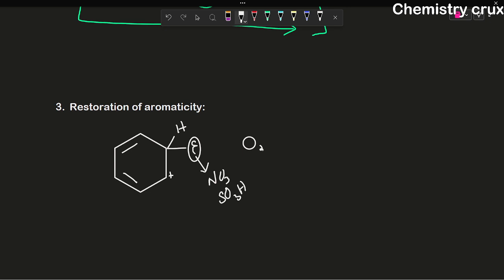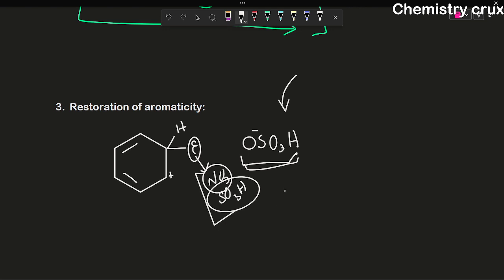Then this will act as that base which I was talking about, which is O negative SO3H. If nitration is taking place, then this will be the base. If sulfonation is taking place, then this will be the base. If any other electrophilic substitution reaction is taking place, then the base will be accordingly. I am saying that in these two reactions, the base is this one.